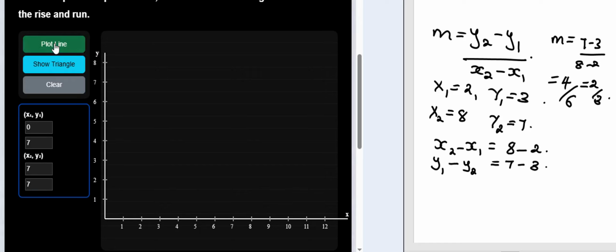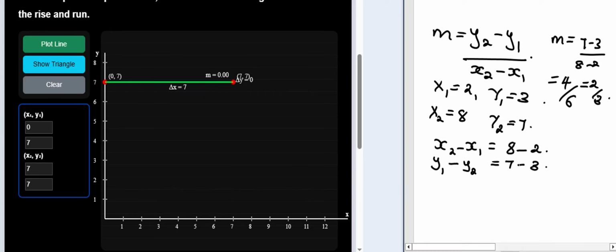Let's see how this one comes. You see, that's a straight line. That's a horizontal line, which if we were to calculate the gradient of this line, if I was to show the triangle, we only have the change in x.